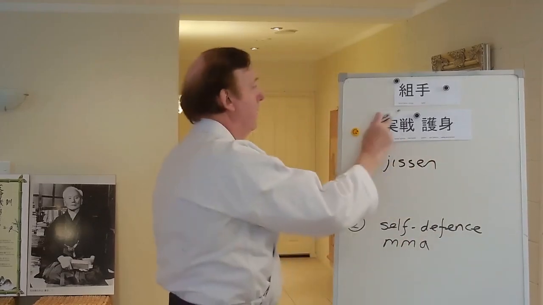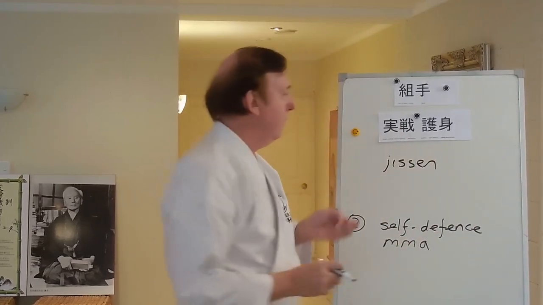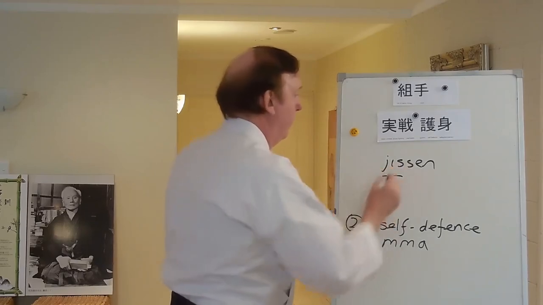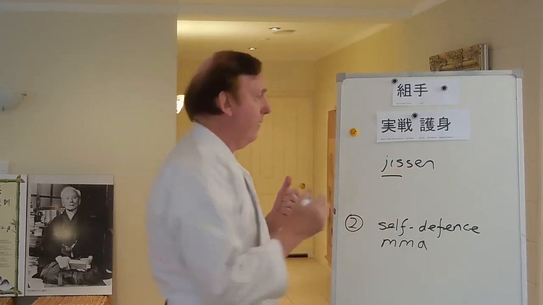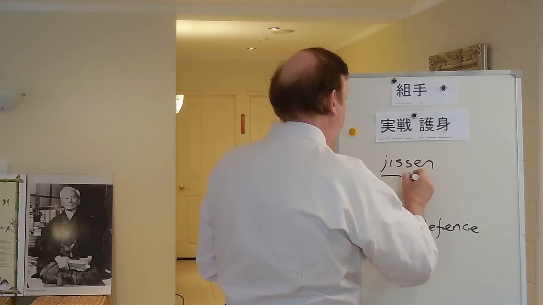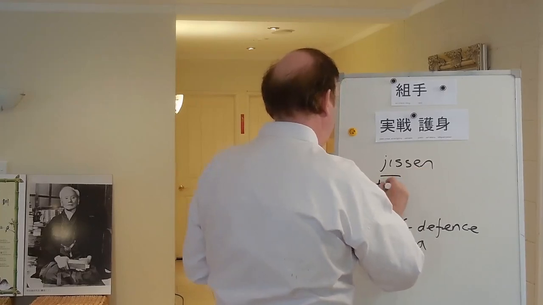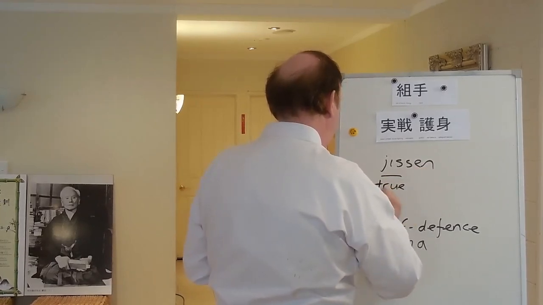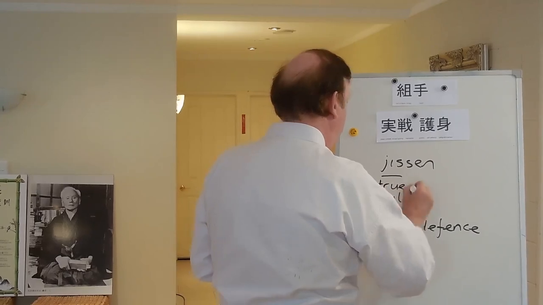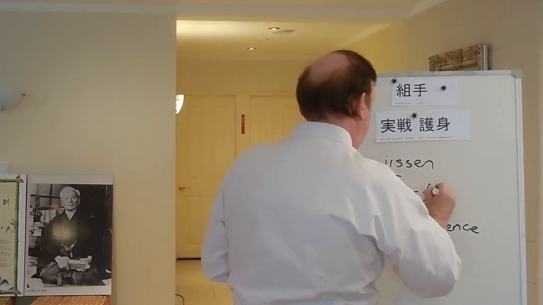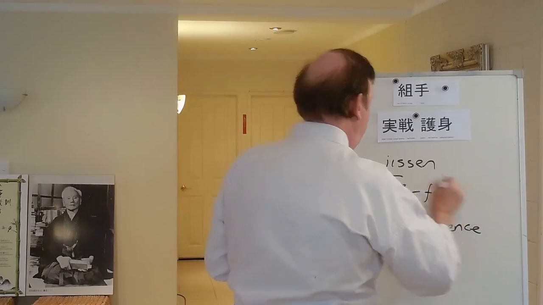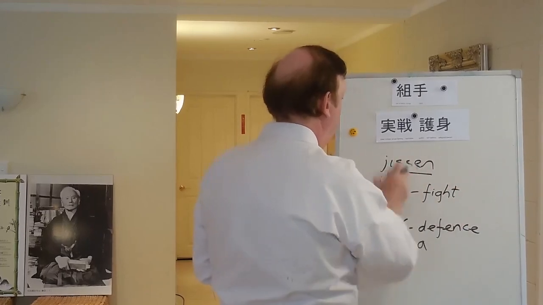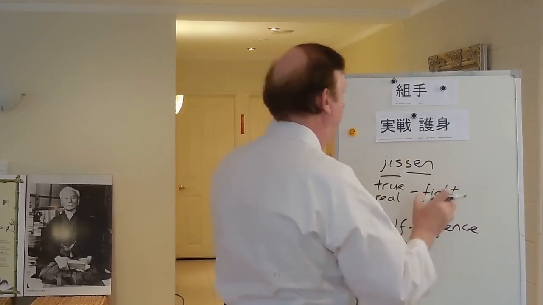This is Jisen here. Ji just means real or true, and sen actually means fight, so we can say true or real and fight. Ji, sen: true, real, and fight.